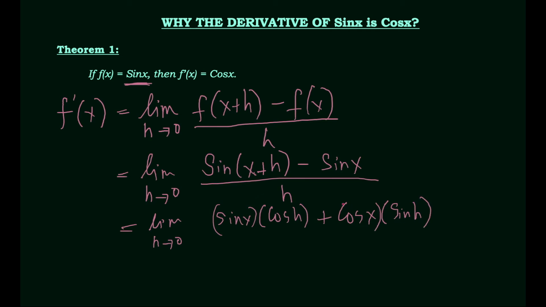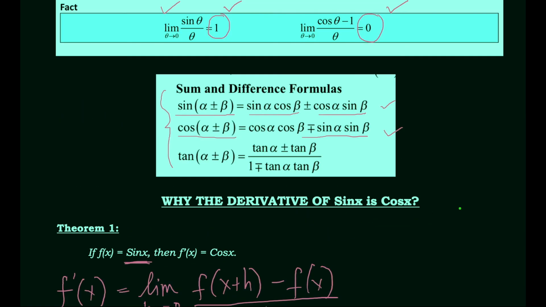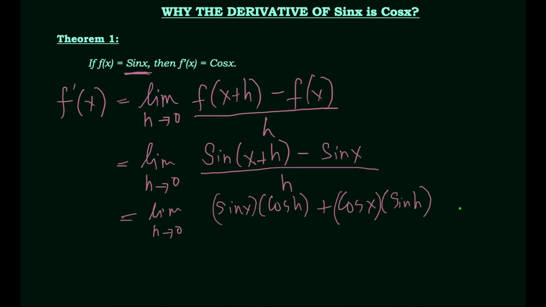Okay, do not be confused with our expansion, we are just using the sum and difference formulas. And take note, here in the numerator we still have minus sine x because in our given problem, our f of x is sine x. Okay, so all over h.